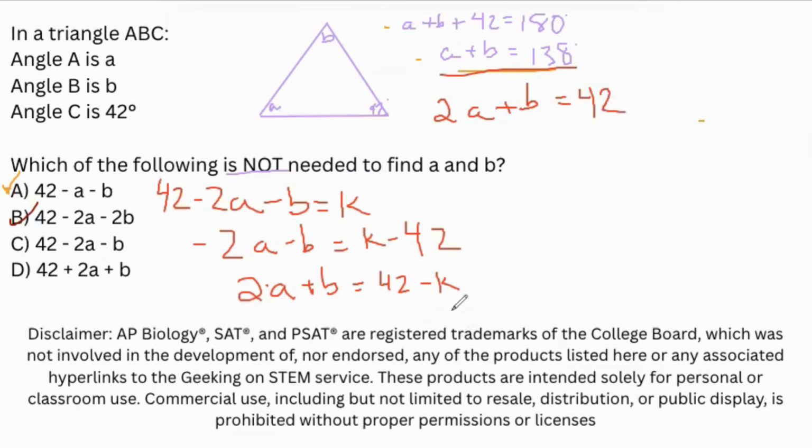You could plug this in, but we can't have multiple variables in Desmos, so just be aware of that when you are reviewing. So I'm going to populate this into Desmos. You have 2a plus b, and I'm going to show my screen in just a second. 2a plus b equals 42.